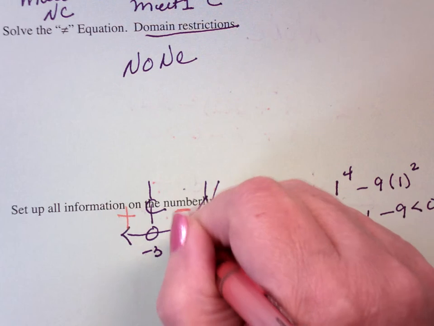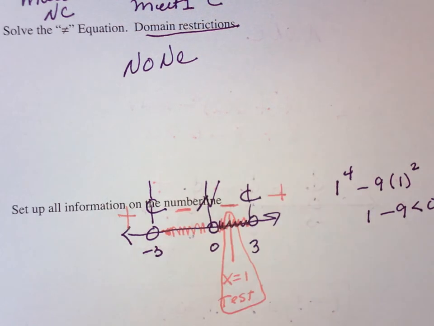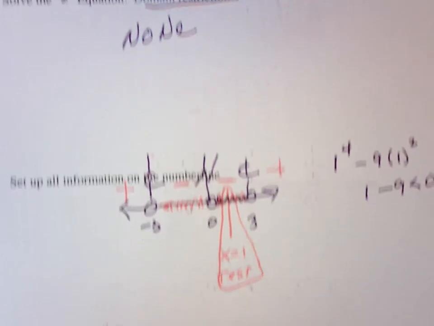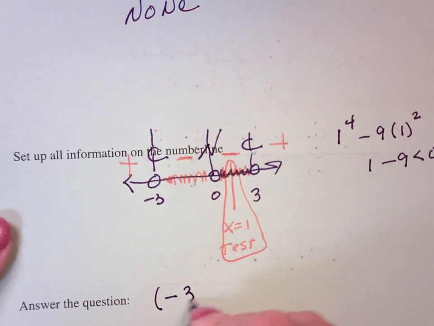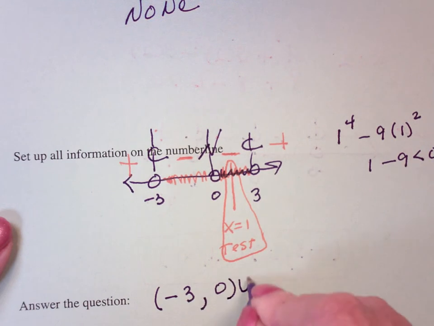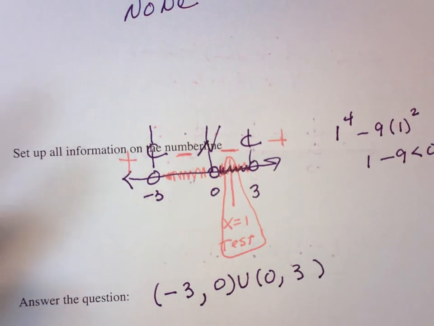My answer is in the middle. And notice they're all open dots, which means they don't include those numbers. So it would be minus 3, 0, union, 0, 3. It cannot be negative 3 to 3 because it doesn't include the x-intercepts. That's why I use open and solid dots.